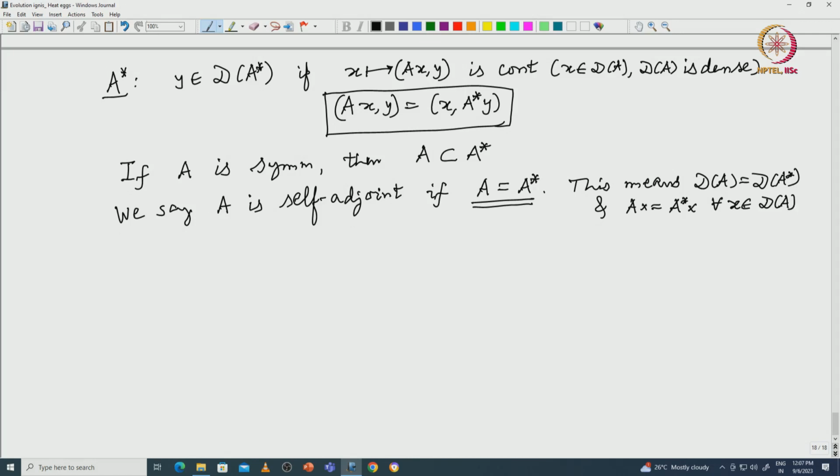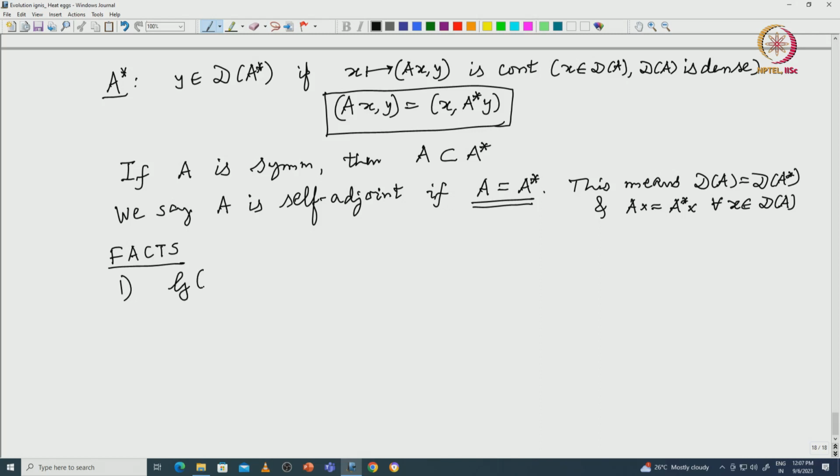Okay. So, here is a result in this direction. So, just I will mention that. So, some facts I will write. So, we can compare the graph of A star and graph of A. Okay. So, here is one such result.